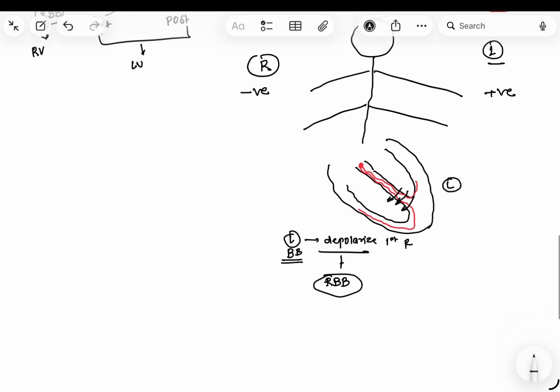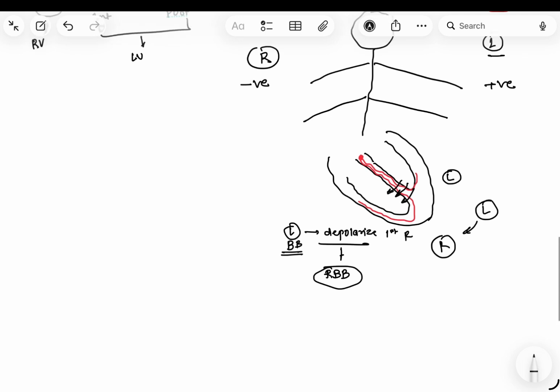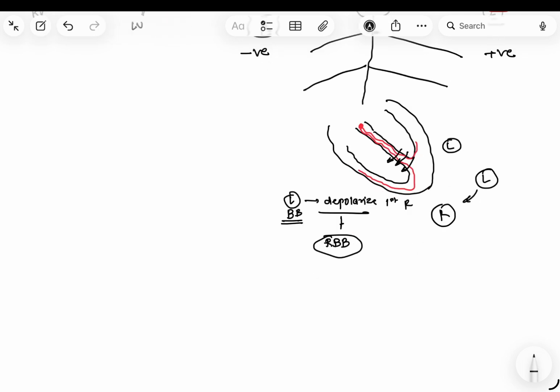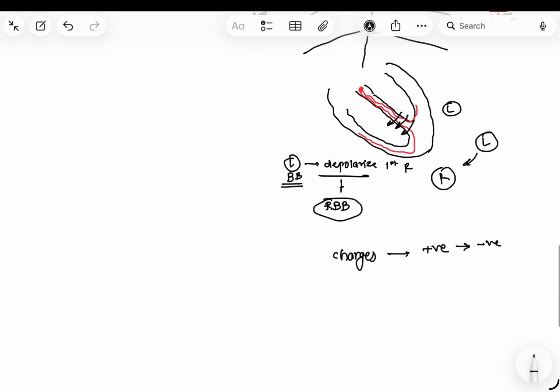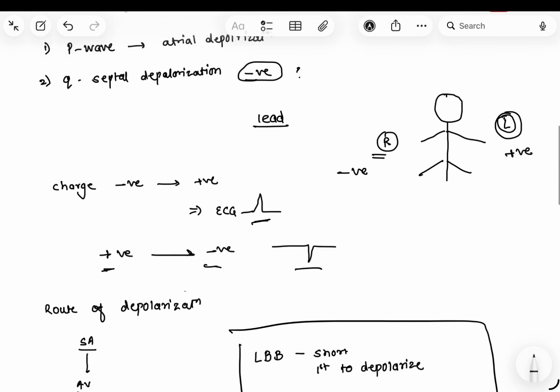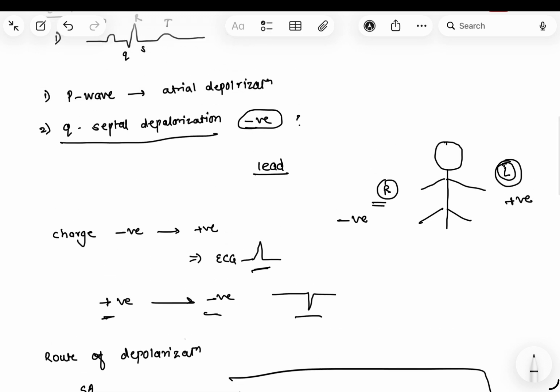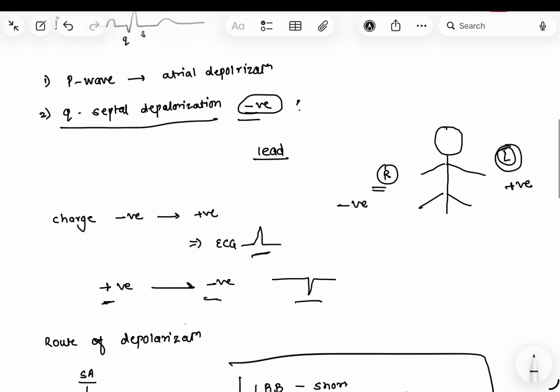So can we say that this conduction is flowing from left to right? Am I correct? So if you apply that dictum, that charge is flowing from positive to negative, then what will we get? We will get negative deflection. So this is the negative deflection that we get in the Q wave. I hope you understand why septal depolarization leads to negative deflection in the Q wave. Okay.